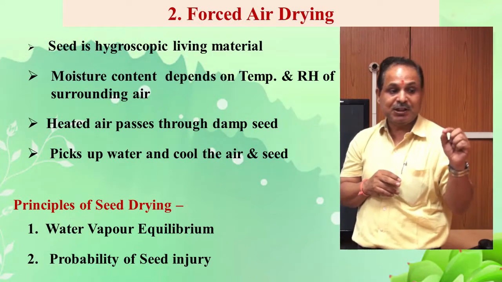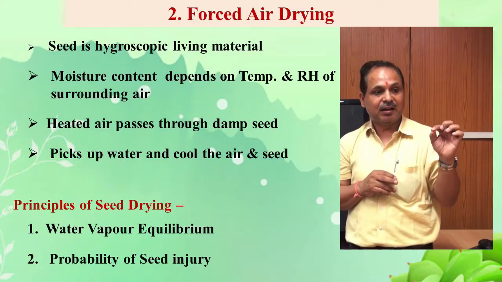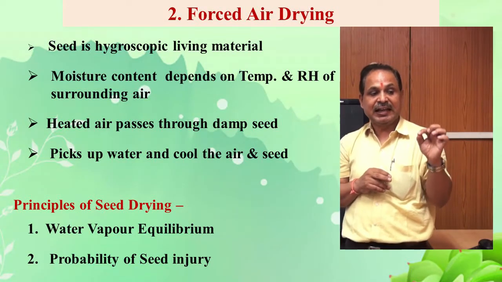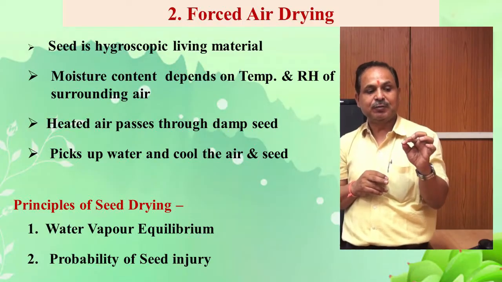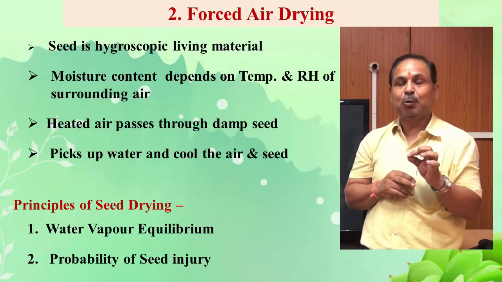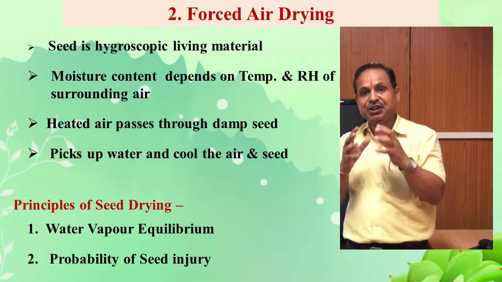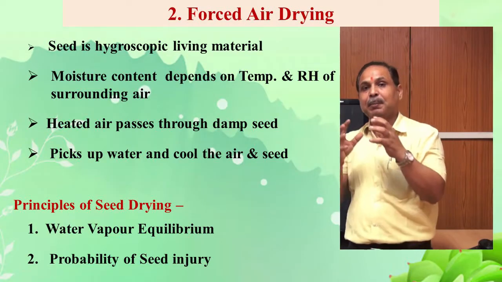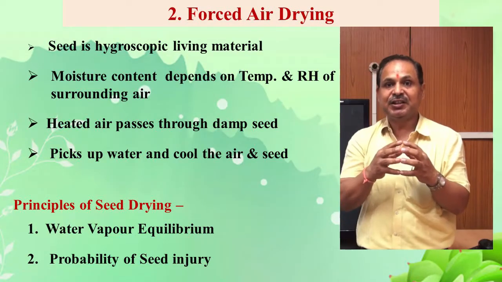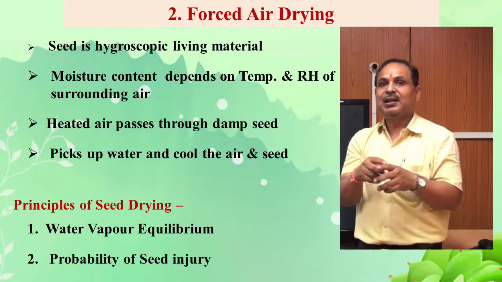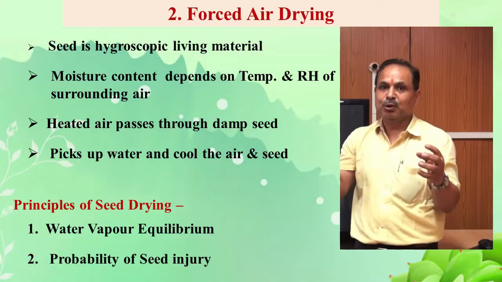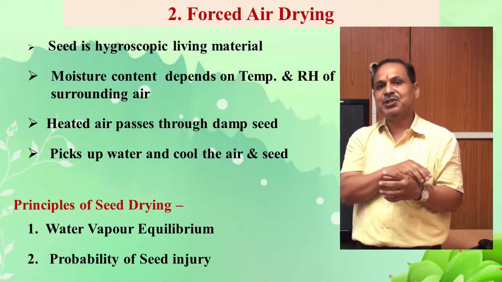And here the principles of forced air seed drying are water vapor equilibrium and the probability of seed injury. Water vapor equilibrium means that the vapor pressure inside the seeds must be more than that of the surrounding air; only then will there be movement of moisture.